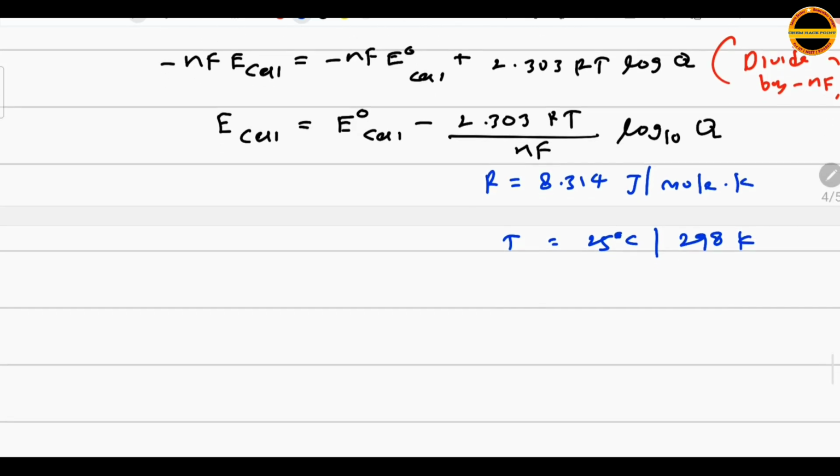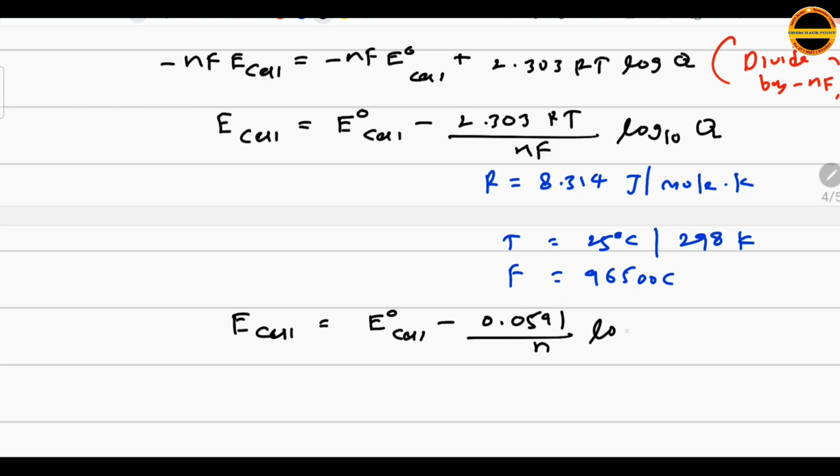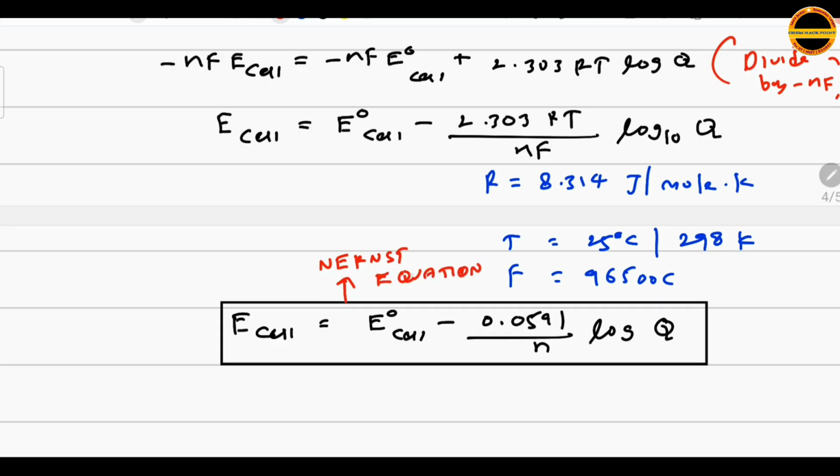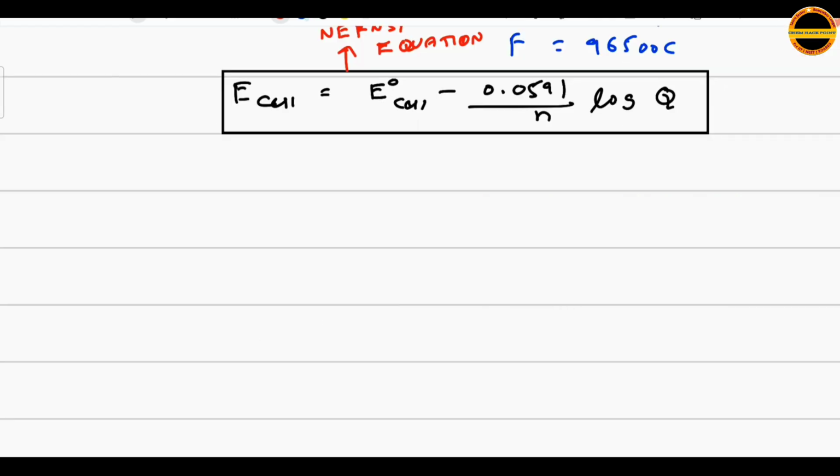One Faraday is 96,500 coulombs. After substituting all these values, E cell is equal to E naught cell minus, after calculation, 0.059 by n log Q. That is our required Nernst equation, very important with high weightage. Okay, see here, first I am taking case 1.